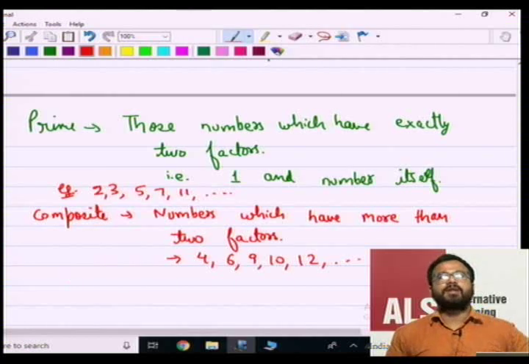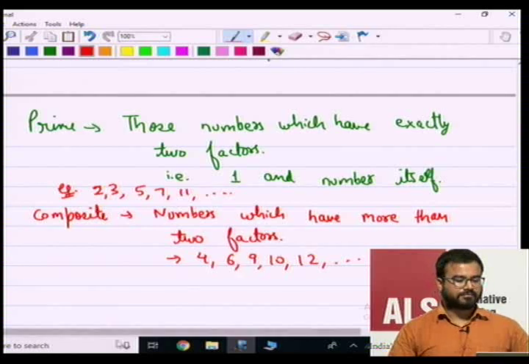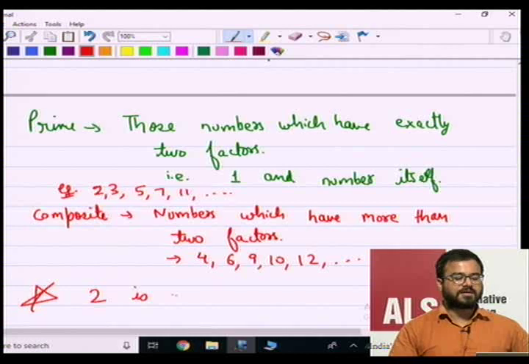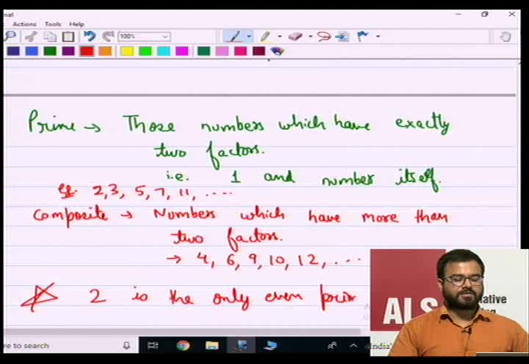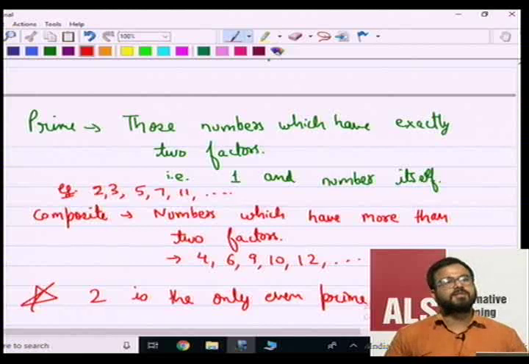Negative numbers like minus 2 and minus 7 are also prime numbers. Make sure of one more point, 2 is the only even prime number, and the rest of the prime numbers are odd.